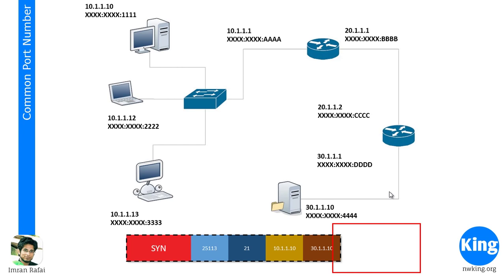Next, it looks at the IP address. The minute it sees the destination IP address is 30.1.1.10, it realizes that this packet is not to the router, but it is going through the router, right? So it says, okay, I need to see where the 30.1.1.10 network is.